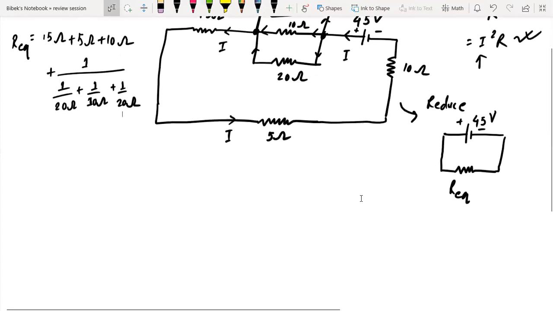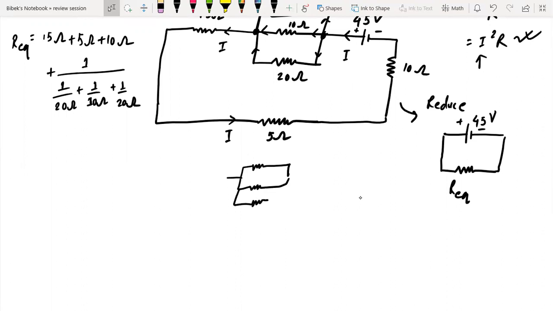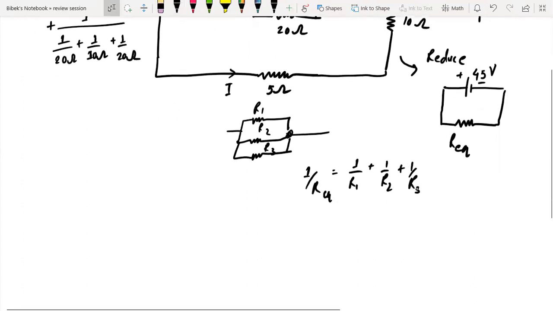So how am I getting this part? Whenever you have 3 resistances, and let's suppose all of these are in parallel, R1, R2, R3, you have your equivalent resistance. 1 by R equivalent will be 1 by R1 plus 1 by R2 plus 1 by R3.